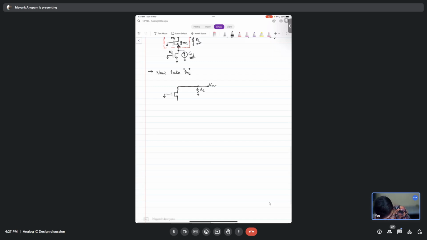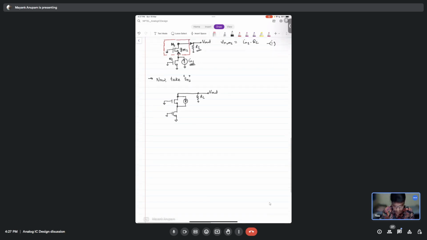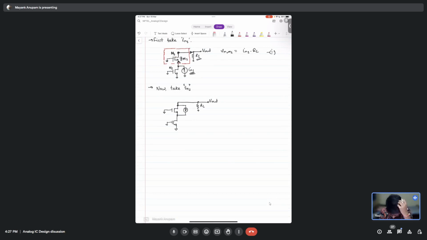This is V out. There is a noise source here connected to drain and source. We have the second MOSFET, it's grounded here. And the second MOSFET's noise current is desensitized, right? It is open. Now tell me, what will be the output voltage?